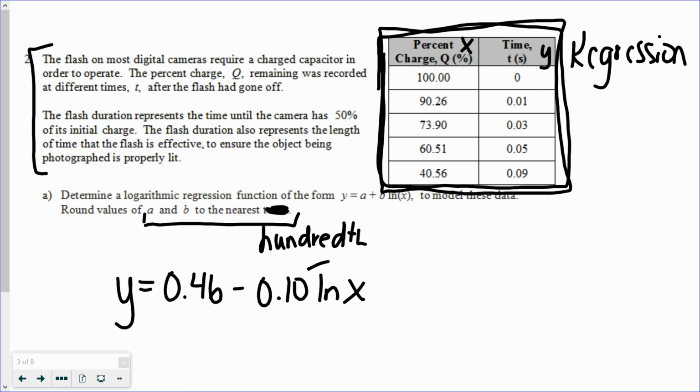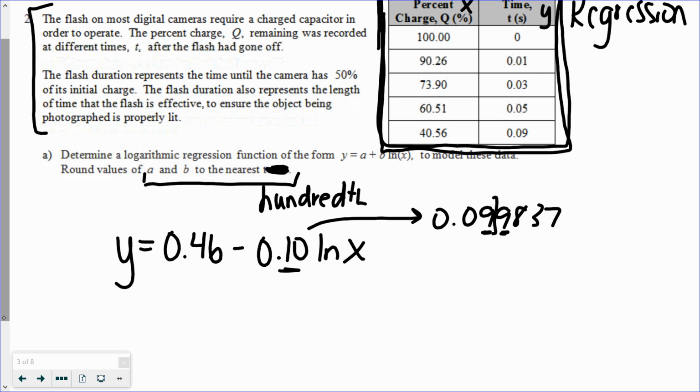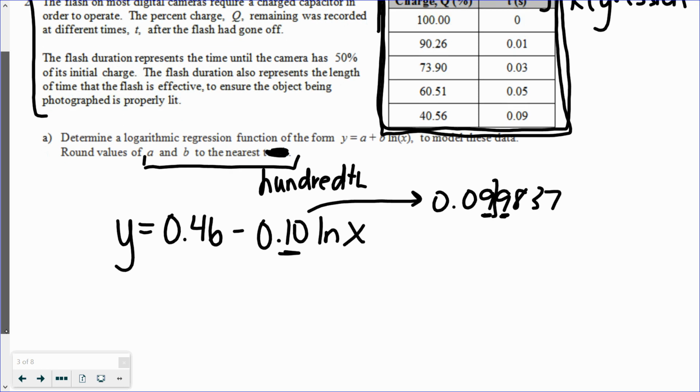I think this number is like a really long decimal. So that's how I got 0.10, because if we're going to the nearest hundredth, I'm dropping a value that's going to round this up. So that is our logarithmic function that represents the data.